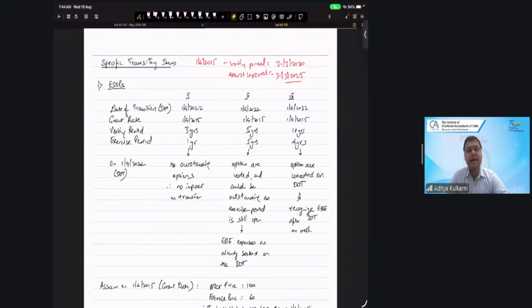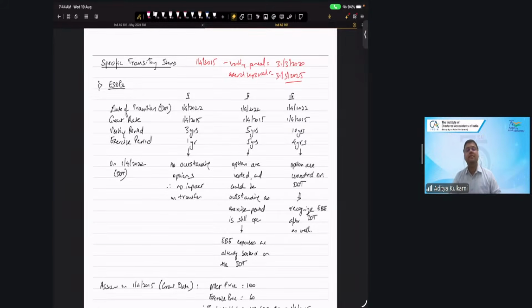And what does that guidance note specify? The guidance note specifies that at the grant date, you will do the accounting based on intrinsic value. What is intrinsic value? The difference between the market price as on the date of granting of option versus the exercise price that is given. That differential is known as the intrinsic value.